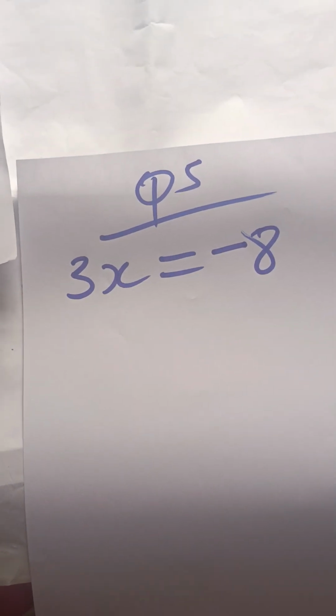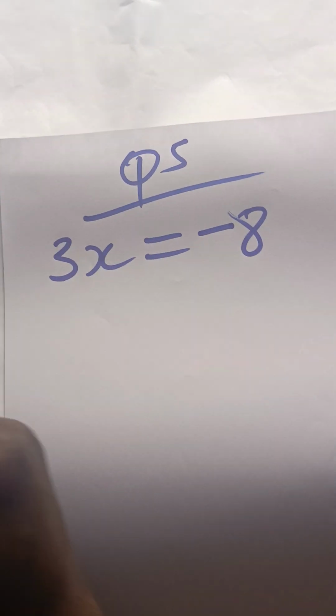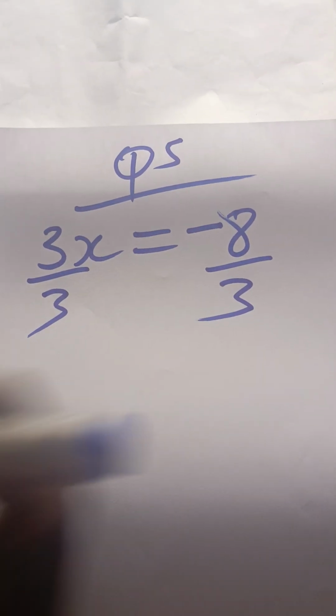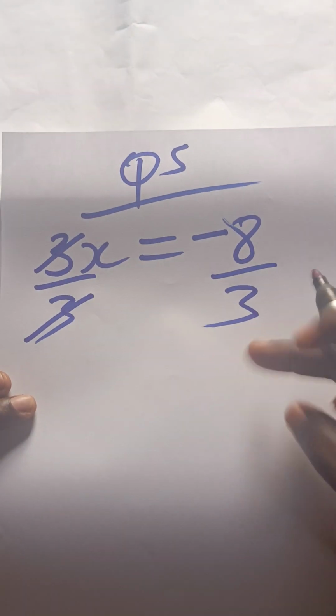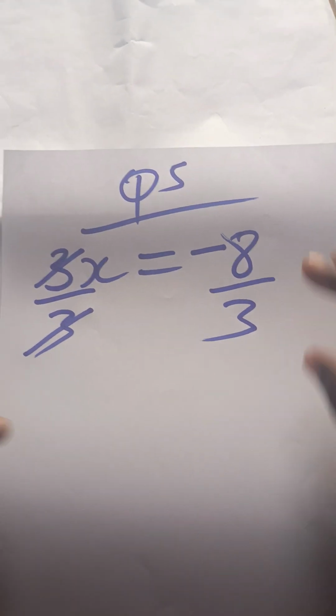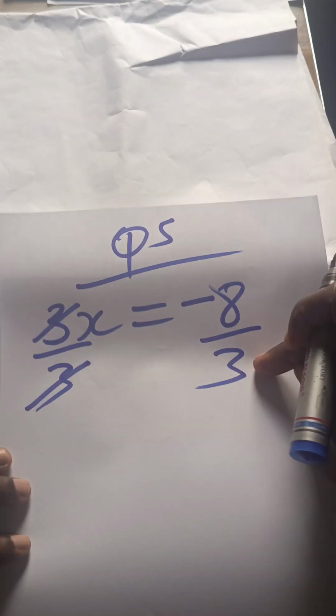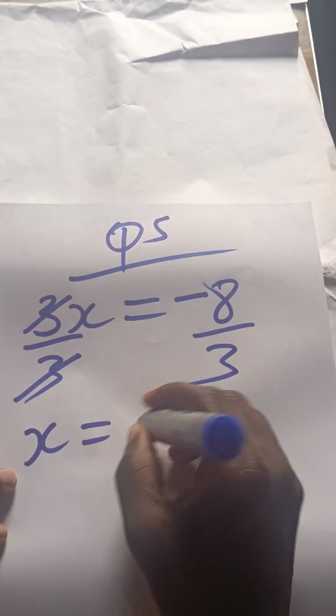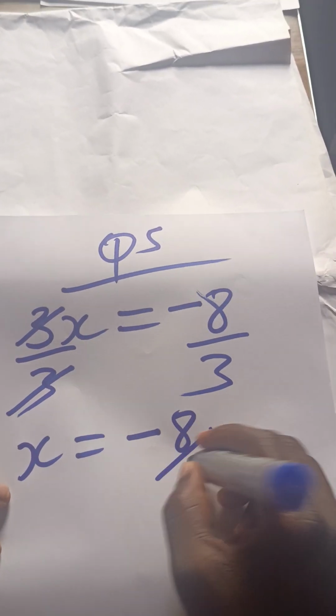We also have to divide both sides by 3. So this 3 will cancel this 3. Now here, this 3 cannot go into 8, so we leave it like that. So we are going to get x is equal to negative 8 over 3.